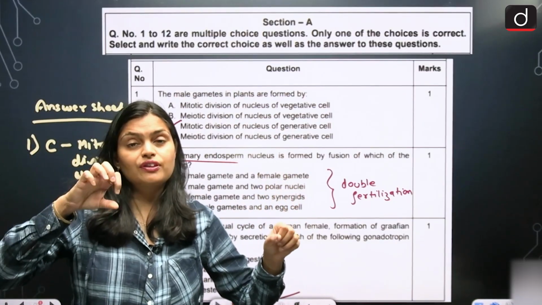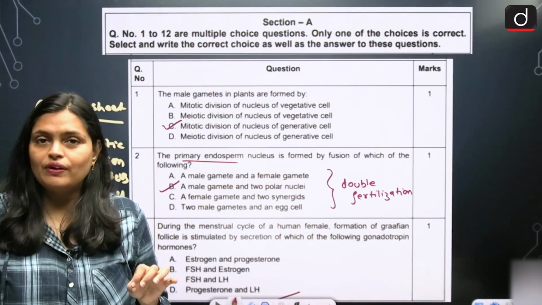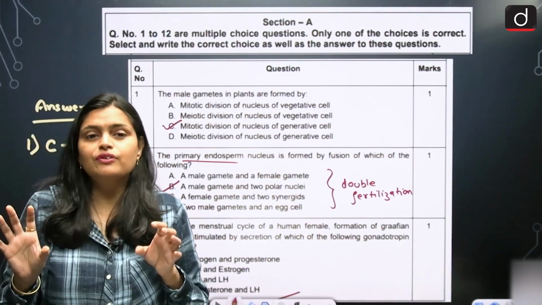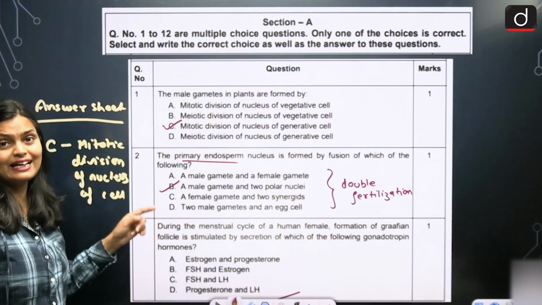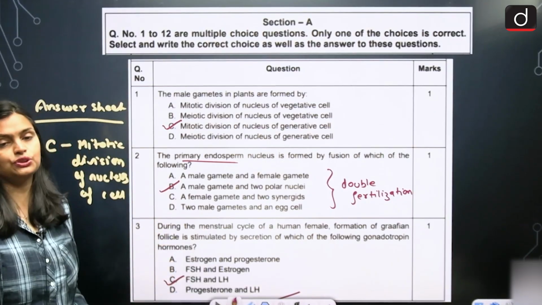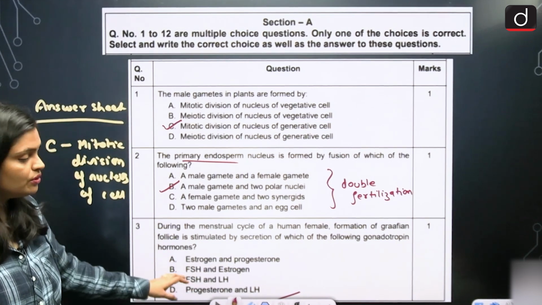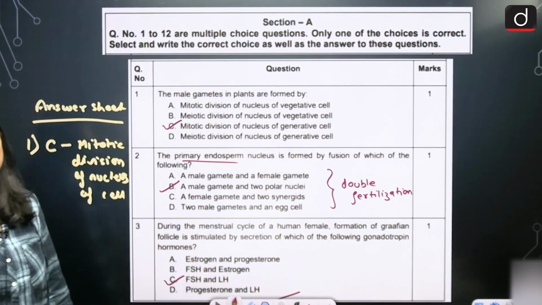Now this Graafian follicle bursts and the egg, ova reaches out, enters into the fallopian tube. So whenever the Graafian follicle forms, at that time the level of FSH and LH increases. Okay, so these hormones stimulate the formation of Graafian follicle.